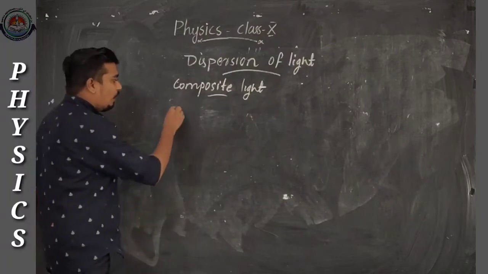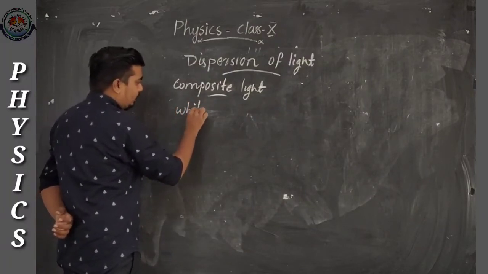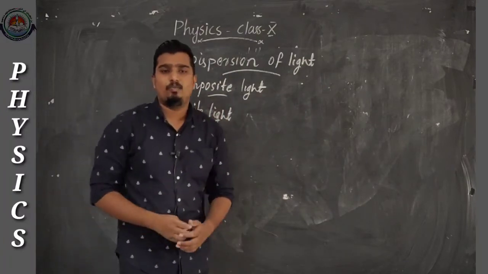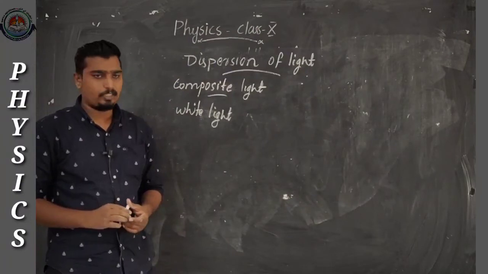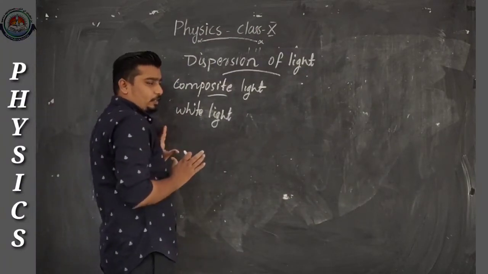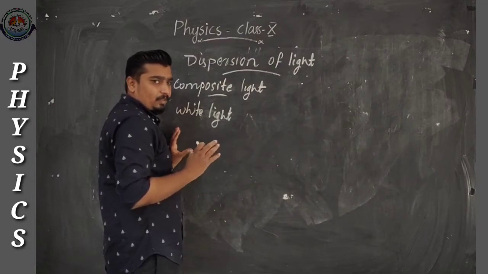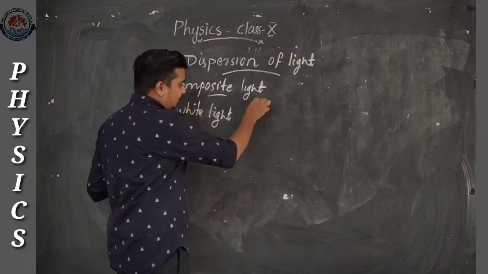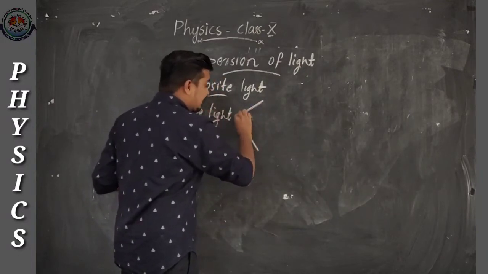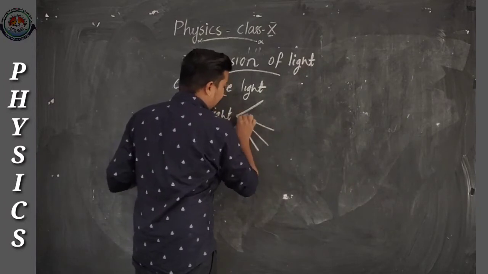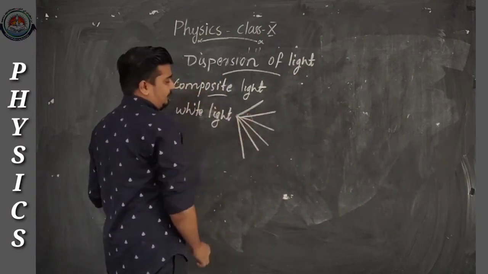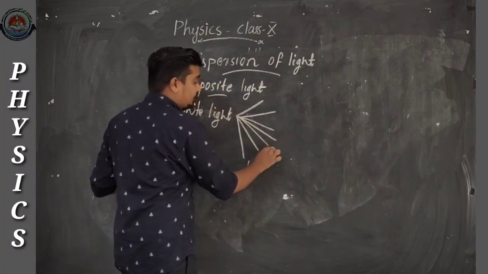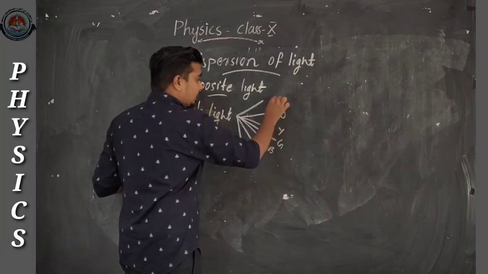For example, white light. White light is an example of composite light, because white light is composed of more than one color. That is, white light is composed of 7 colors, that are VIBGYOR.